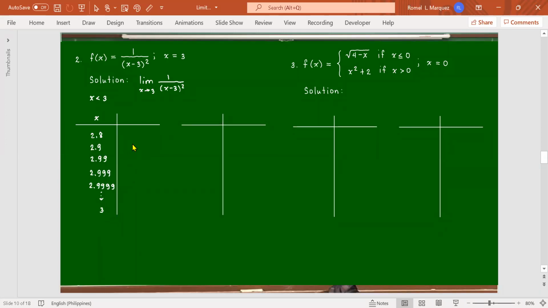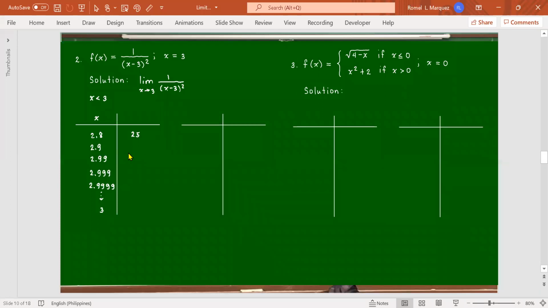So when x is 2.8, what's the value, guys? Is it 25?